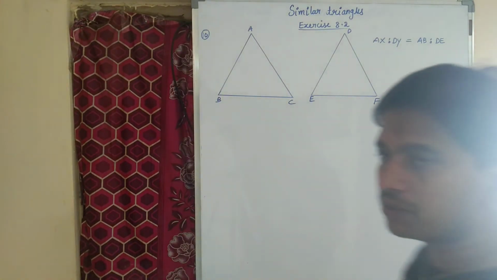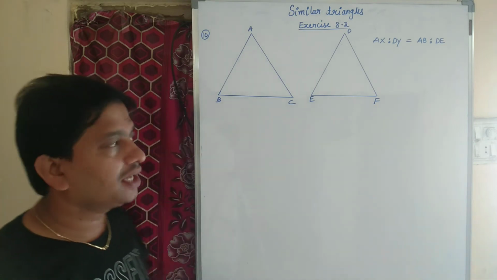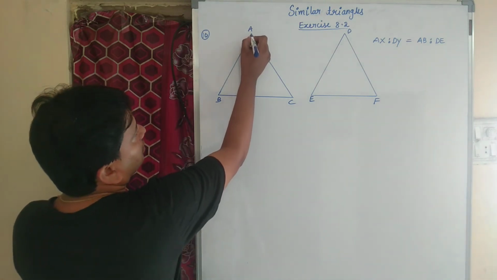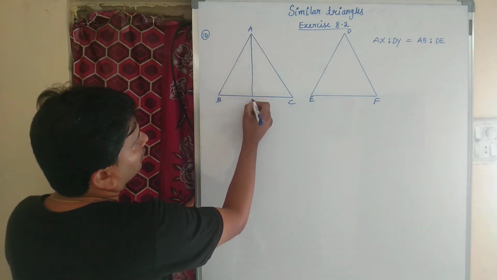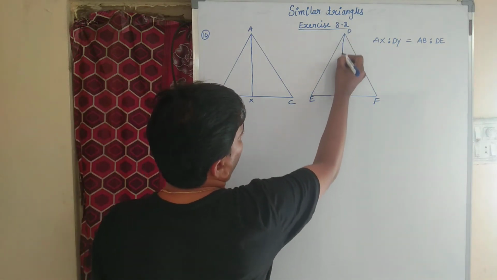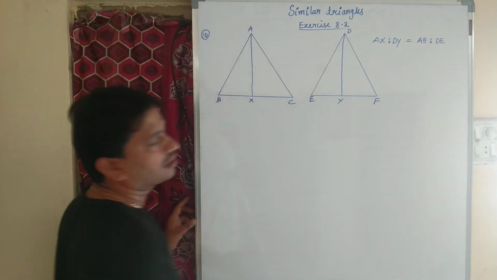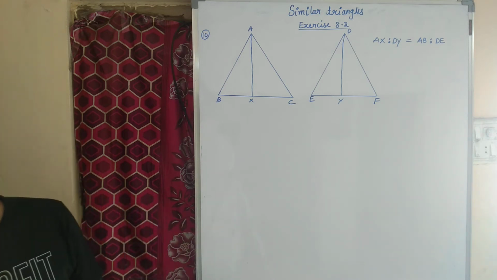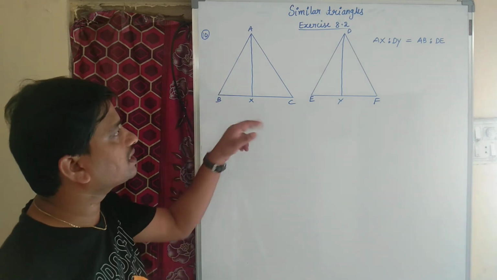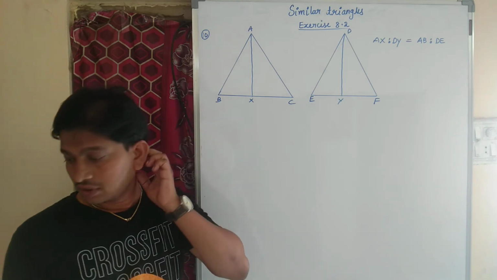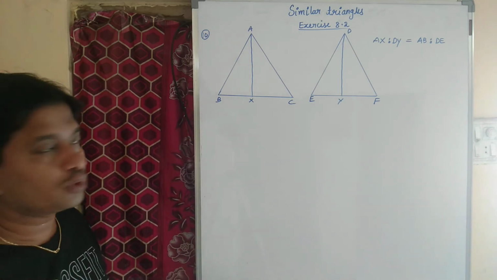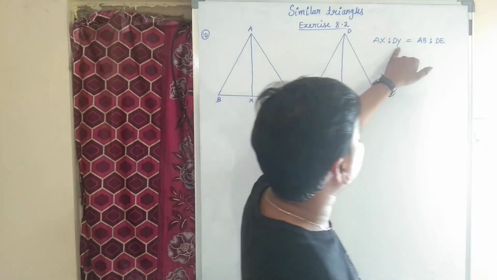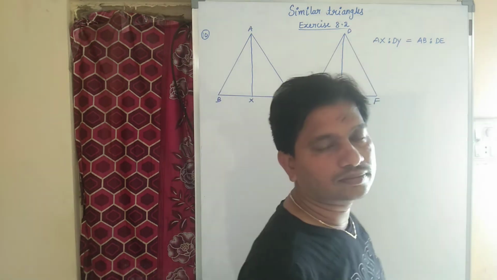Now coming to question number 10. AX and DY are altitudes of two similar triangles ABC and DEF. Then they are asking to prove that AX is to DY equal to AB is to DE.